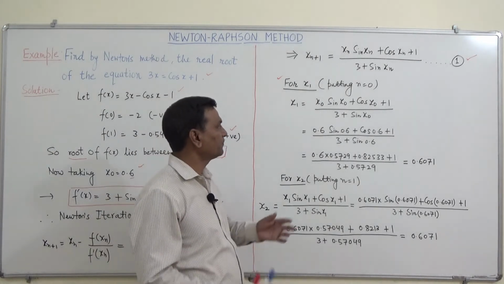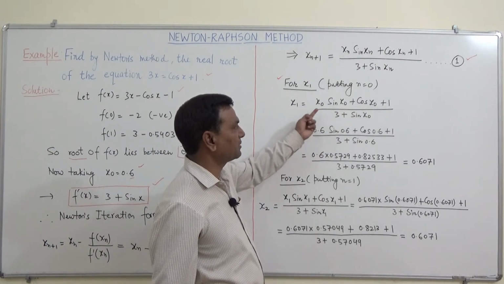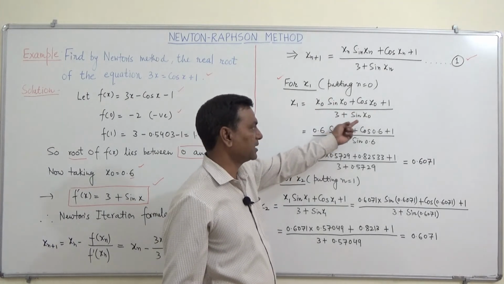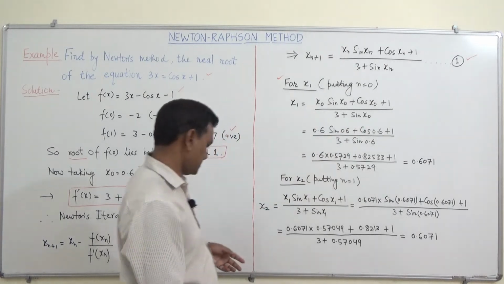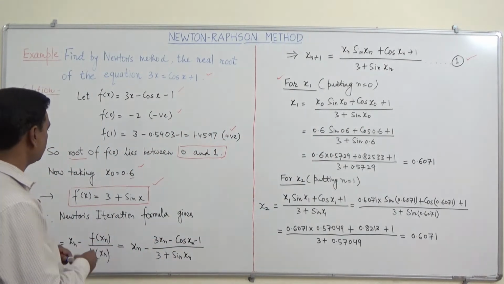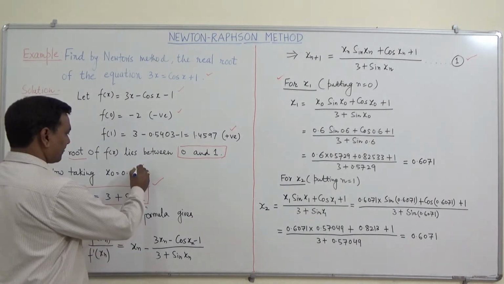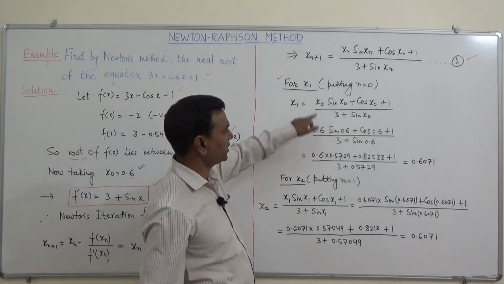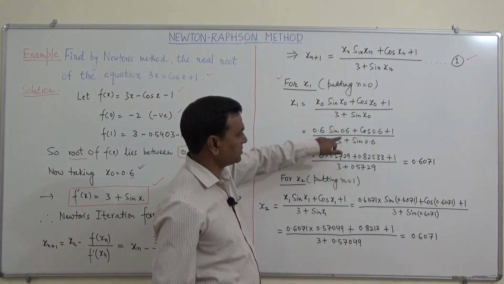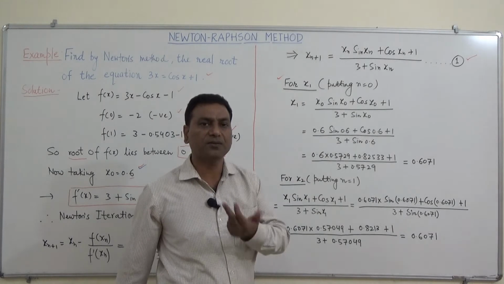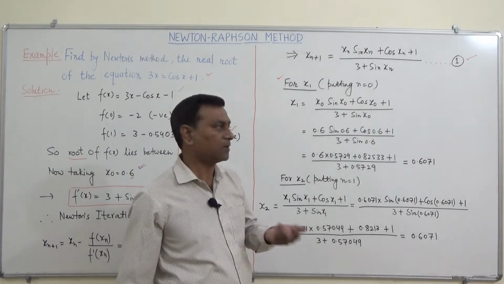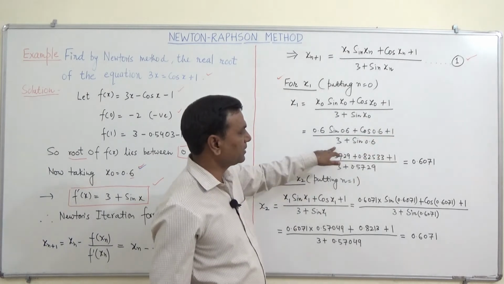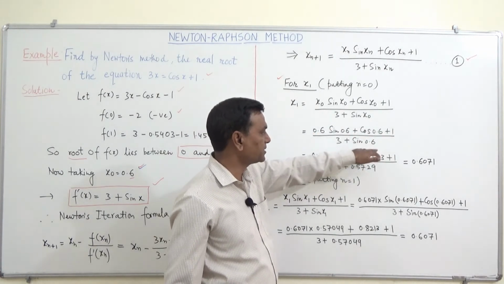Now we will put in the values of x0, sin x0, cos x0 and sin x0. Here we have taken the assumption x0 equals 0.6. So this is 0.6 sin 0.6 plus cos 0.6 plus 1 divided by 3 plus sin 0.6.